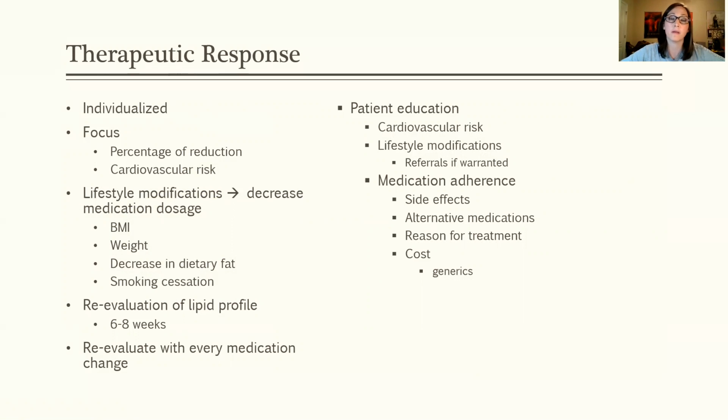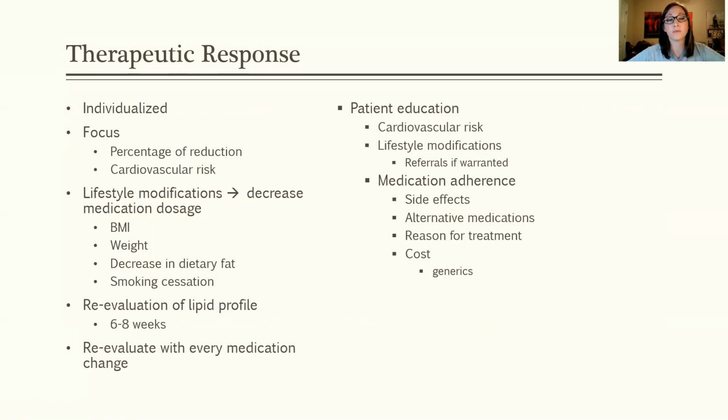You want to reevaluate a lipid profile after medications are started. You want to do this about 6 to 8 weeks after initiation to see if it is effective. And also, any change in medications, you want to reevaluate 6 to 8 weeks after those changes.